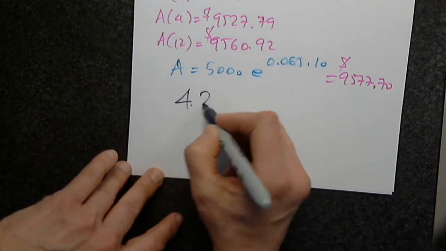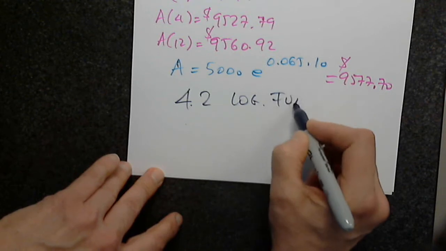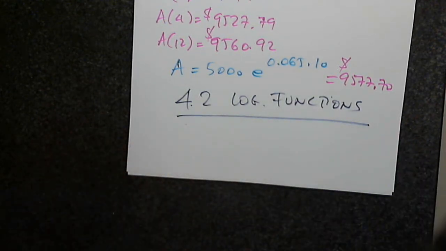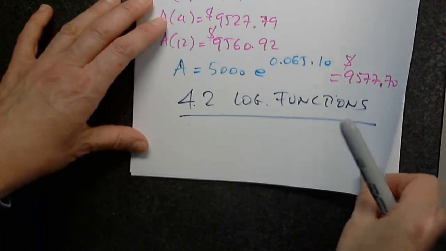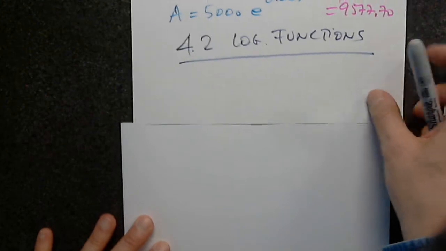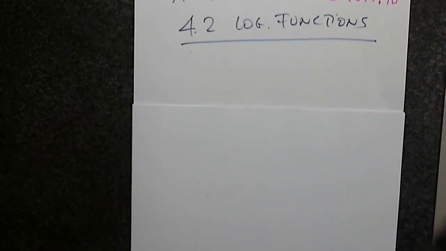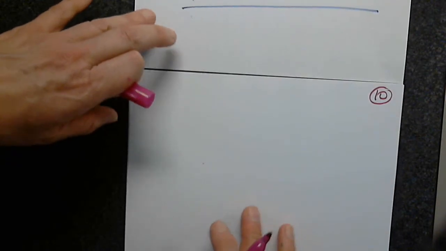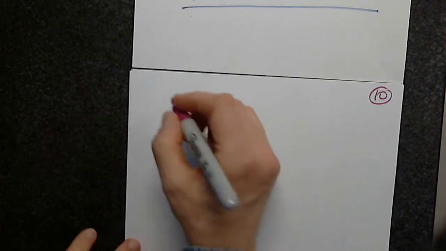Okay, let's look at 4.2, which is log functions. We know the two graphs. The notation, we're going to go to the graphs again, but the notation here is unusual, let's put it this way.